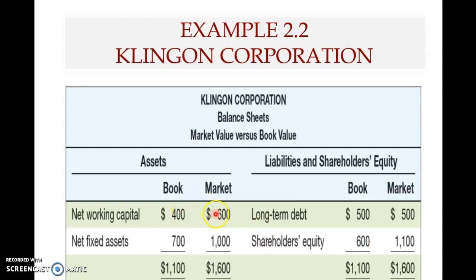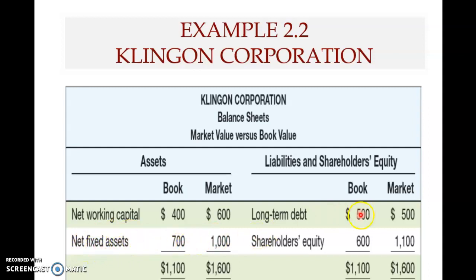$200 difference in the market value compared to book value of net working capital, plus another $300 difference in the market value compared to book value of net fixed assets. So this $500 difference comes from a $200 difference here for net working capital and another $300 difference here for net fixed assets.